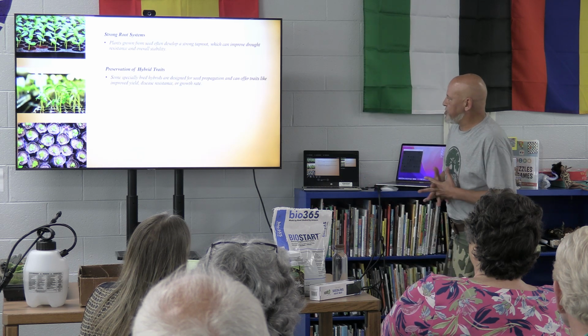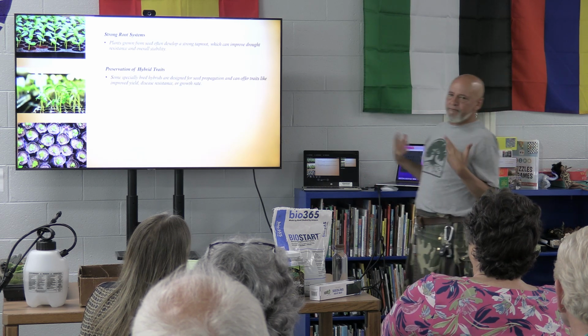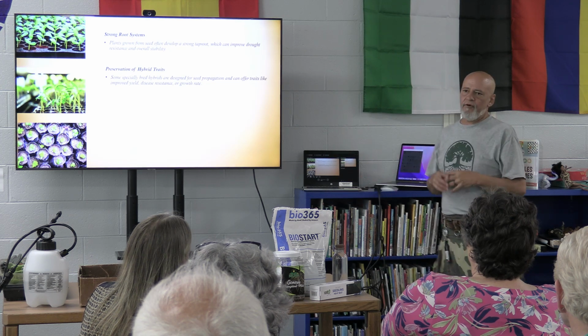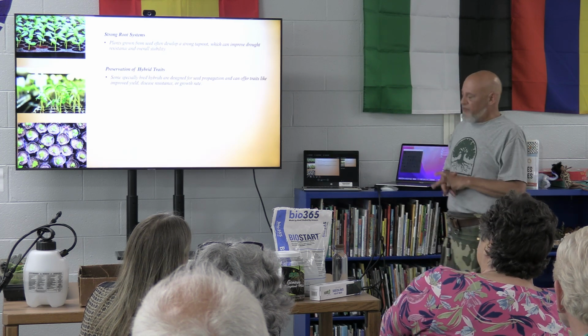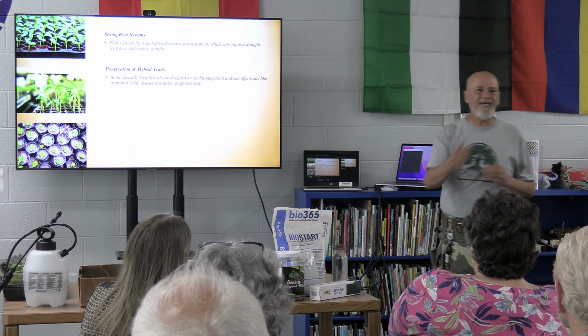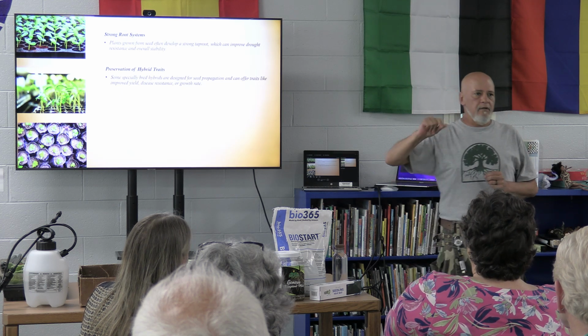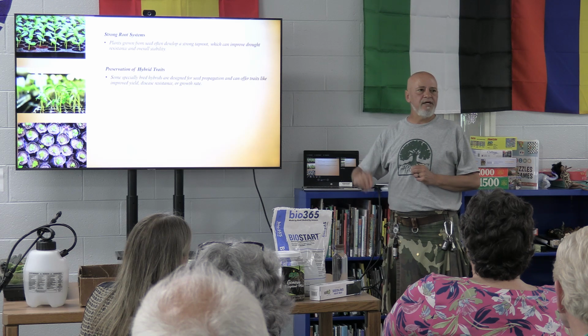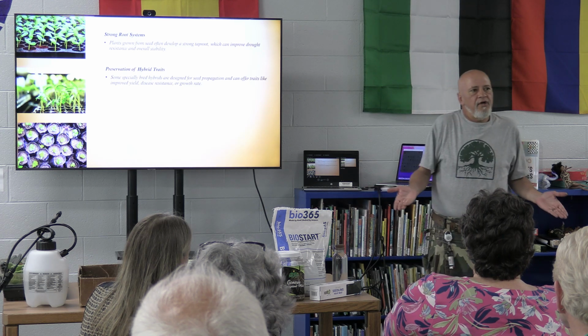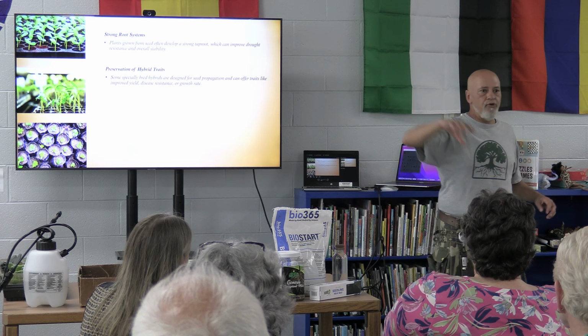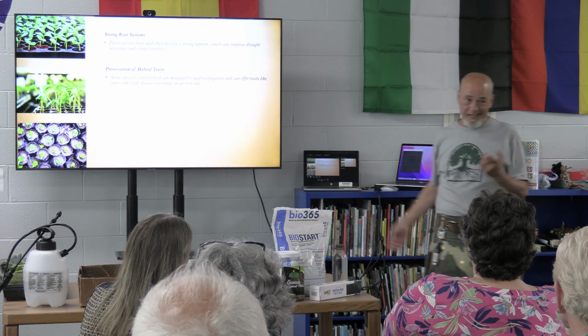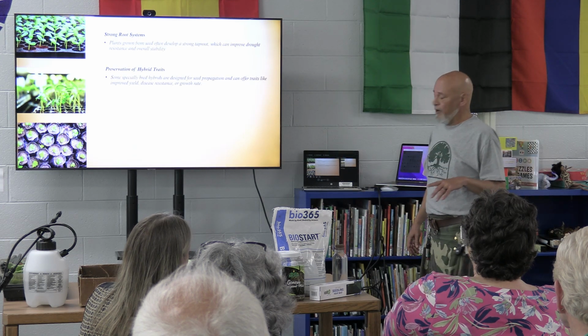Preservation of hybrid traits. So some specially bred hybrids are designed for propagation, and this is where we get yield, which is probably the one that they breed for most. Now you can also do that with how you pinch and when you pinch and where you pinch. That's my favorite trick with yield.